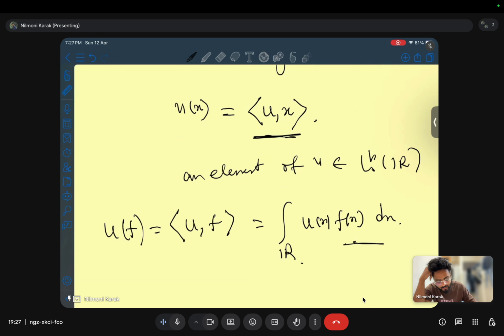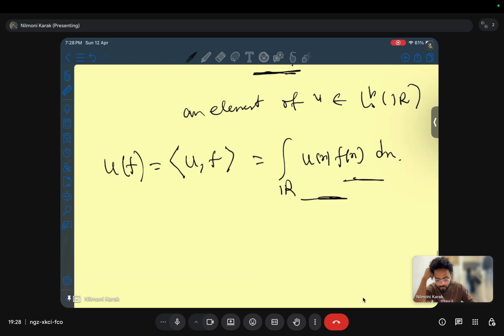So this suggests that distributional pairing is some kind of generalization of an integral.